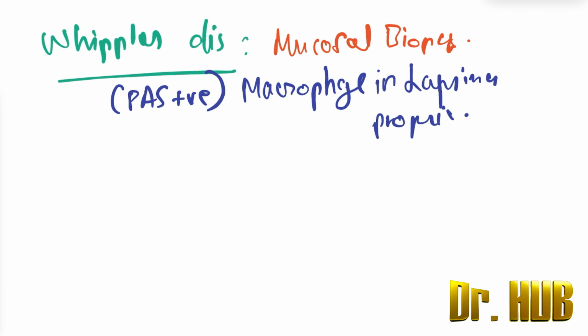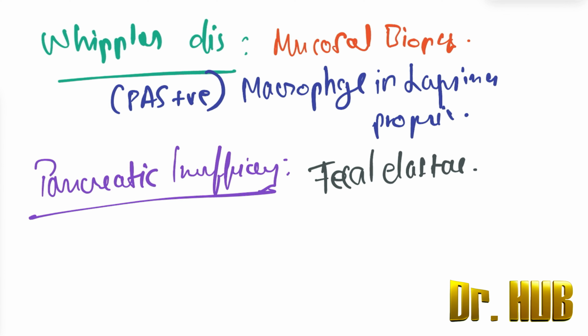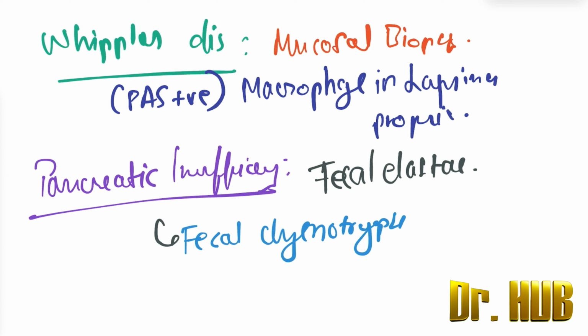Then we look at pancreatic insufficiency. Under pancreatic insufficiency, it includes the fecal elastase as well as the fecal chymotrypsin.